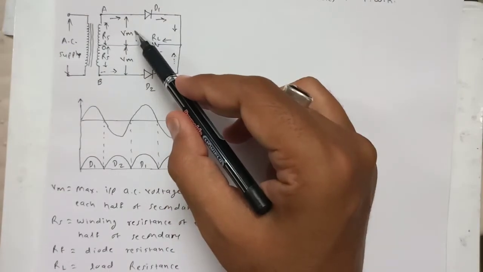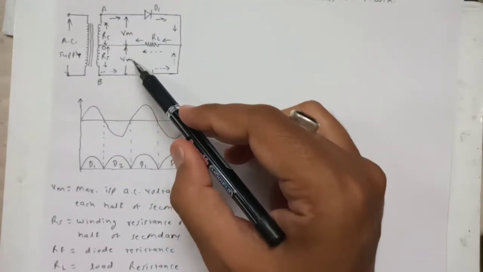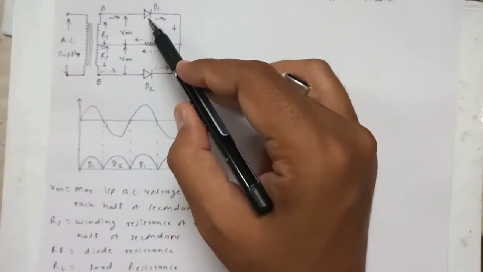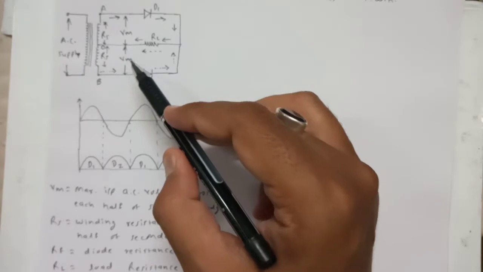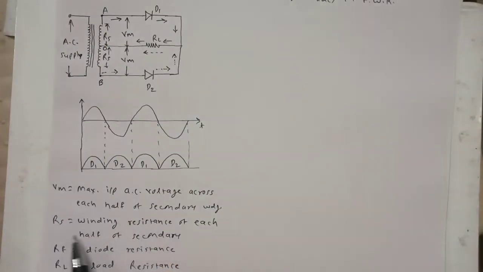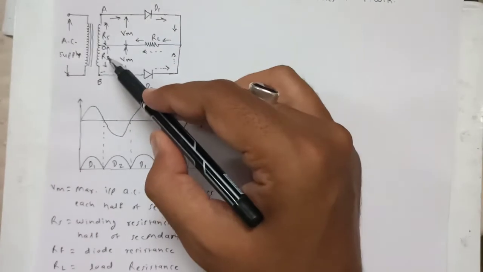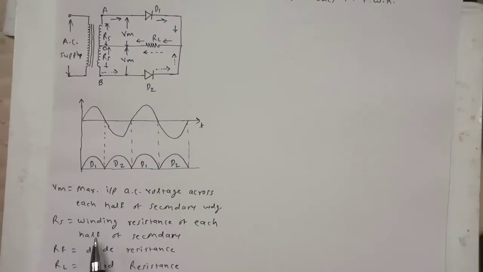Here it will be VM, and here also it will be VM. The only thing is that this will be applied across one diode and this across the other diode. After that, RS is the resistance of each of the secondary windings. This is RS and this is RS. That's why it is written as winding resistance of each half of the secondary.